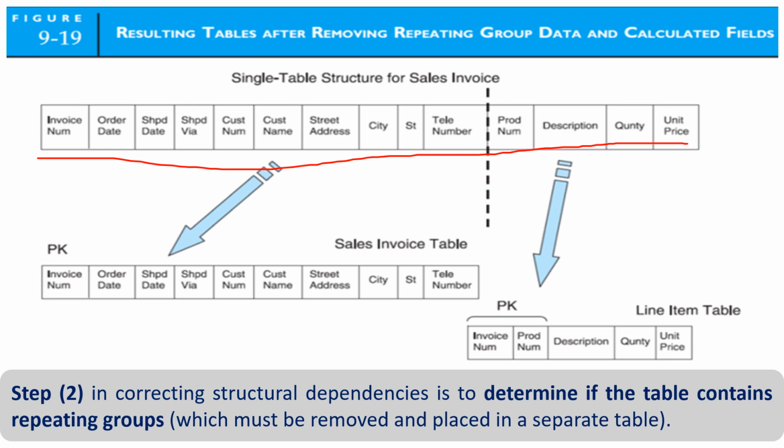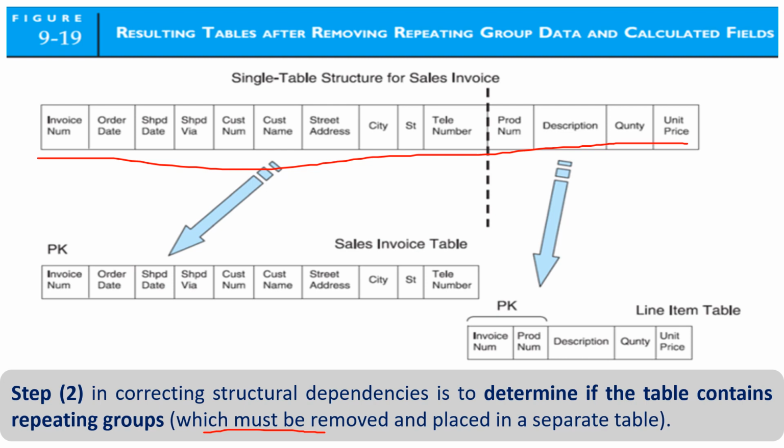Now step two is to correct the structural dependency by determining if the table contains repeating groups. We already identified the repeating group data in step one, so we should now separate these repeating groups, which must be removed and placed in a separate table.